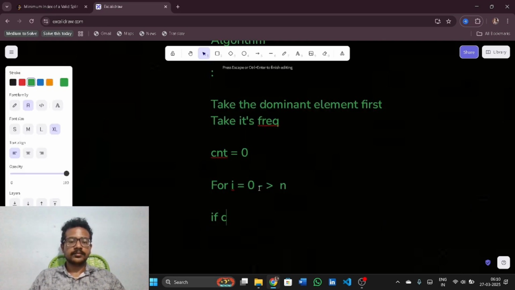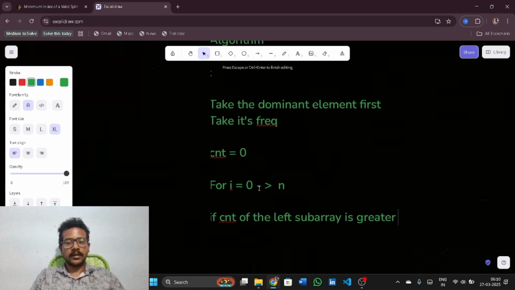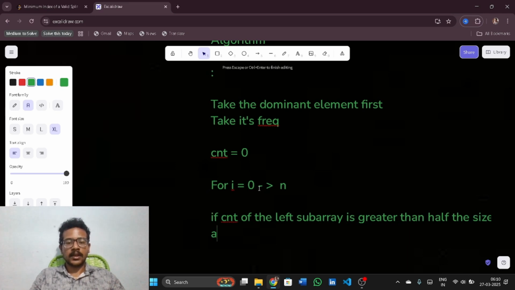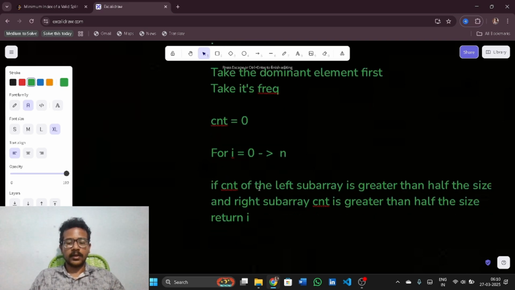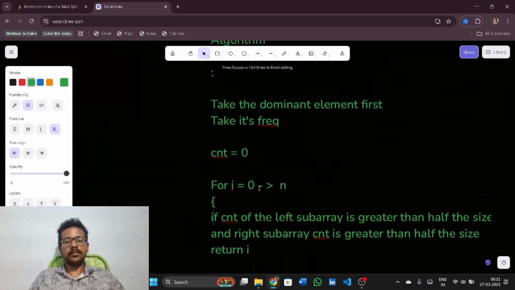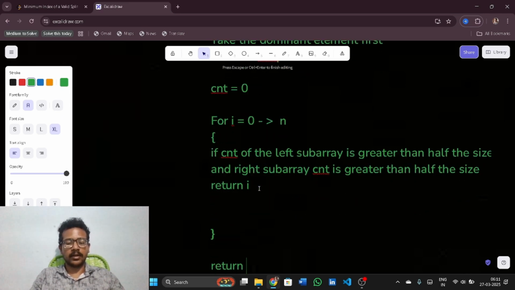So if the count of the left subarray is greater than half the size and the right subarray count is greater than half the size, return i. Even after iterating through the for loop, if I didn't get any answer, then I would return -1.